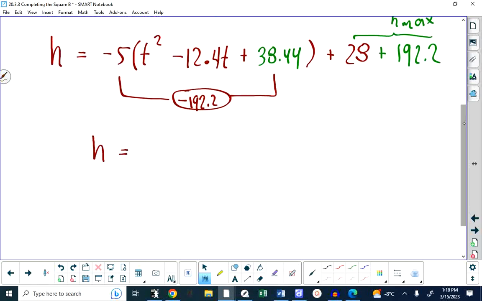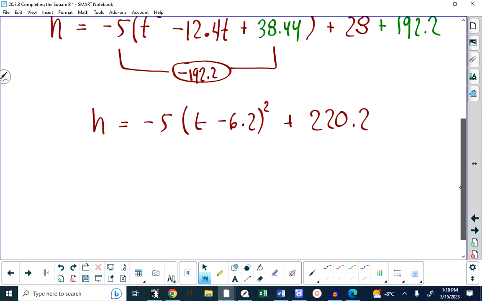The height is -5 times (t minus 6.2) squared, plus 220.2. So the vertex of this is at (6.2, 220.2).